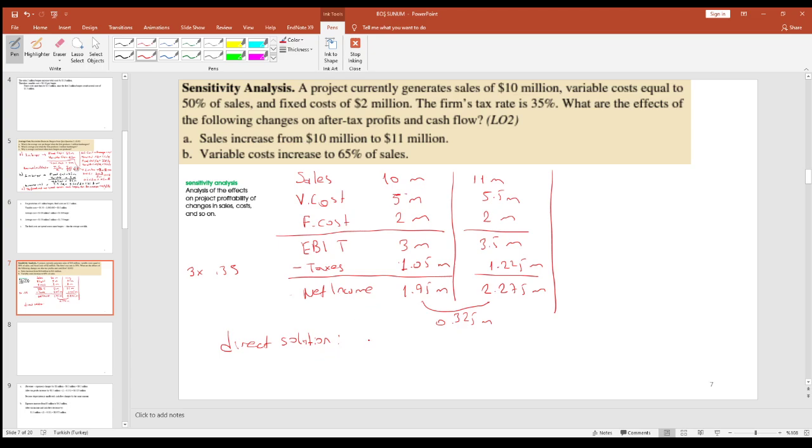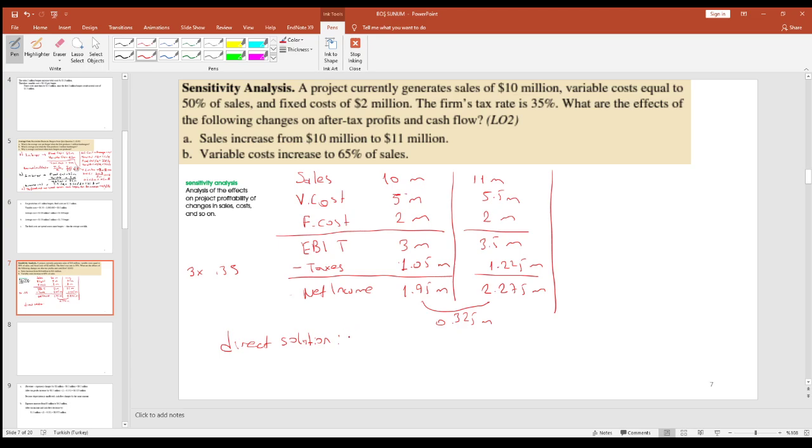If you remember, we have an equation for calculating cash flow. Or let me explain in a different way, in a more appropriate way here.